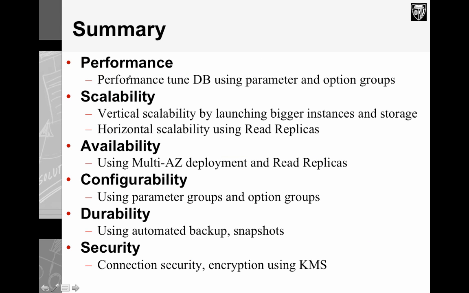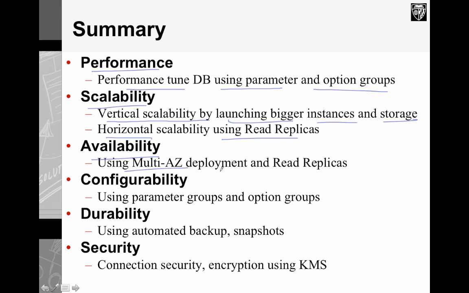In summary, when it comes to performance, tune the DB using parameter groups and option groups. In terms of scalability, vertical scalability is achieved by launching bigger instances and better storage. Horizontal scalability is achieved using read replicas.